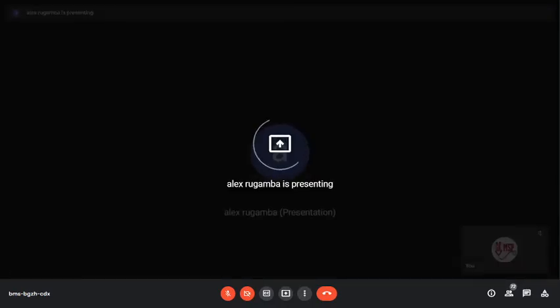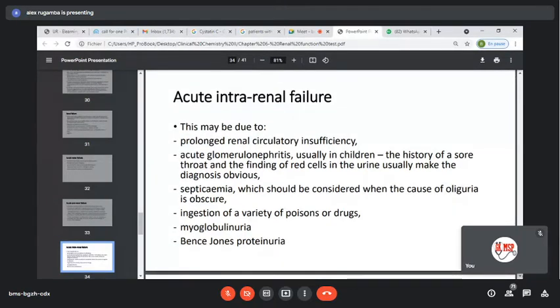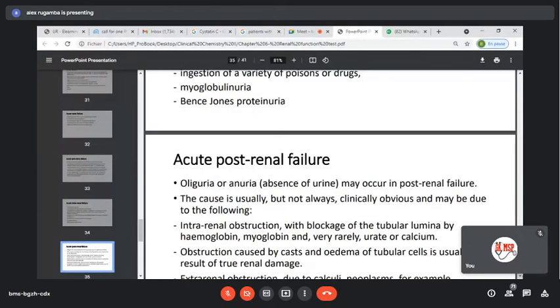This also indicates, because this protein has a high molecular weight, that if it is there, there is a problem in filtration, intrarenal failure. There are also Bence-Jones proteins. Those are also proteins that may be present in urine in case of acute renal failure.